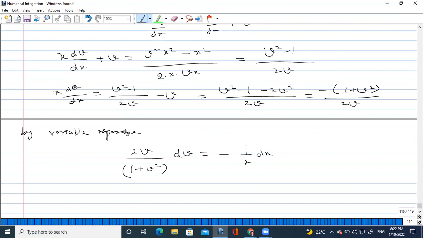So now you can integrate it like this. There is no issue, because once the differentiation of denominator is put in numerator, then you can take it as ln of denominator. If you know this method, it is easy. If you don't know, you can put 1 plus v square, this whole term, equal to t, then you can do it. So choice is yours.